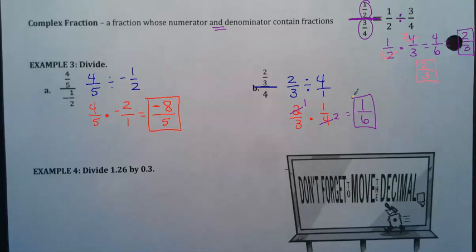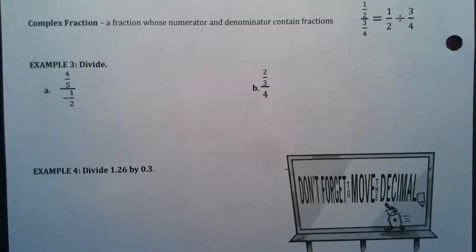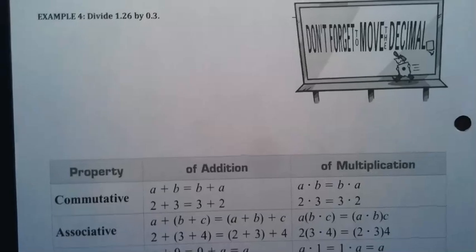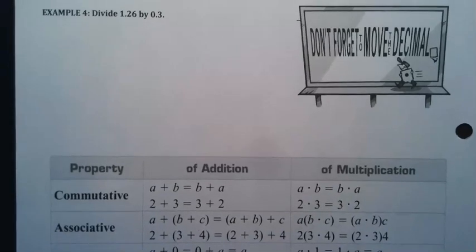We want to divide 1.26 by 0.3. All right, and we've got this nice little note over here that says, don't forget to move the decimal. Hopefully you remember that when we say divide 1.26 by something, our dividend goes in the box and our divisor comes outside.